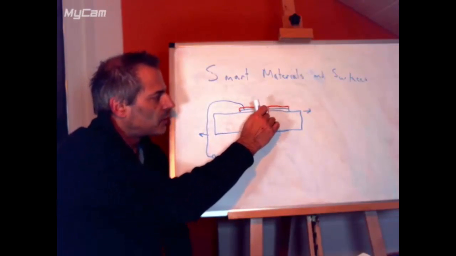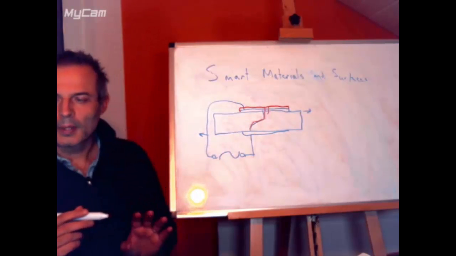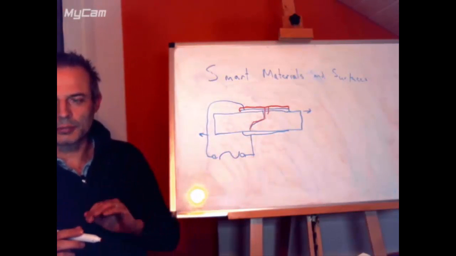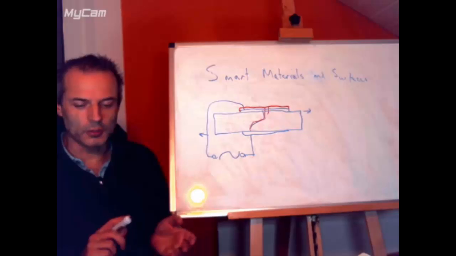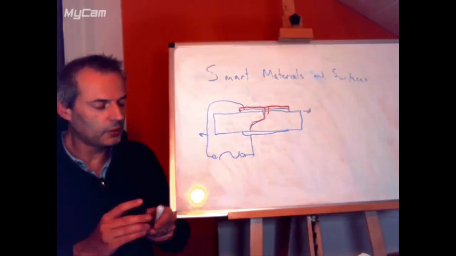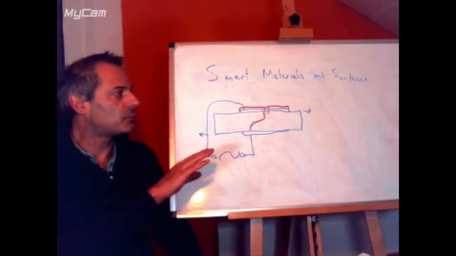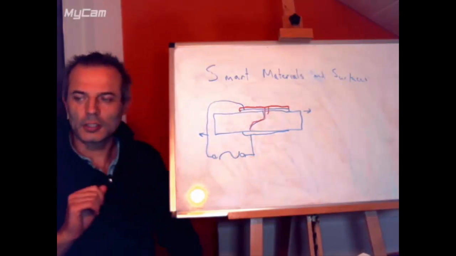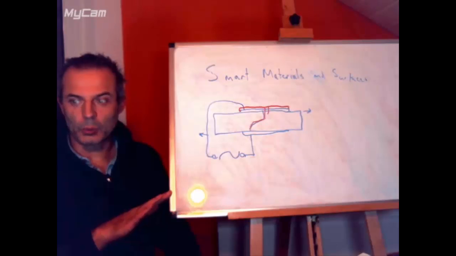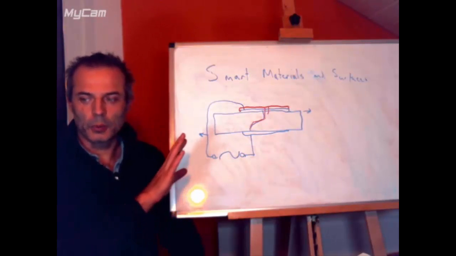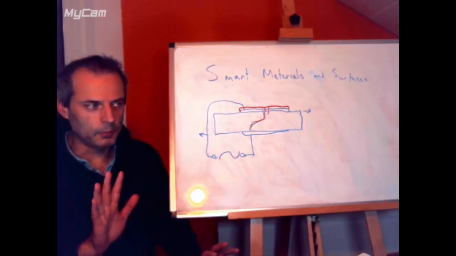Let me not do that. But it's made the wavelength longer. So we've increased the wavelength, which means the frequency goes down because the speed of sound doesn't change in the material. And so we can detect when something is adhering to the surface by a change in frequency at the resonance point. So that's what we're trying to do.